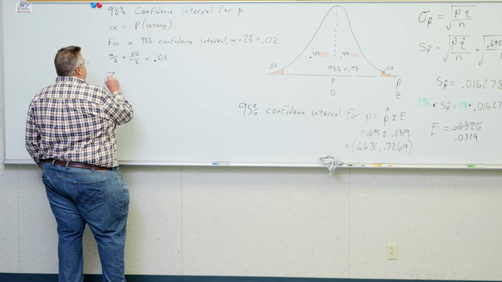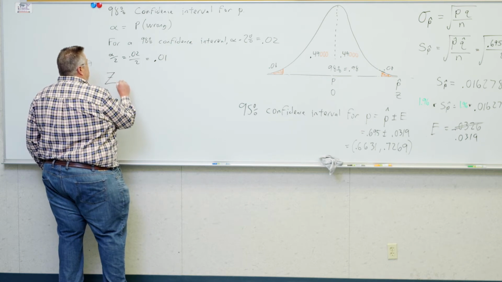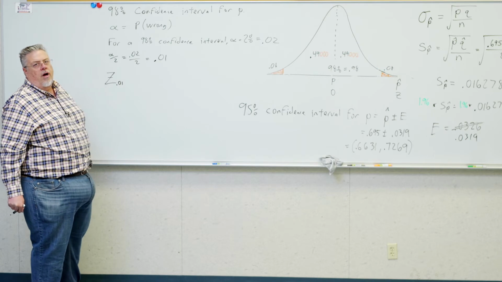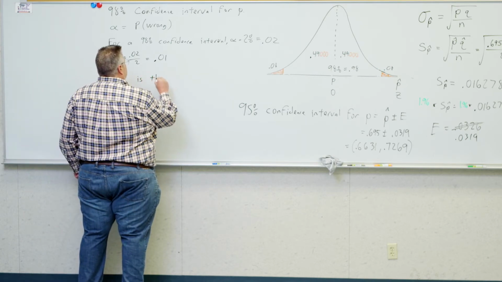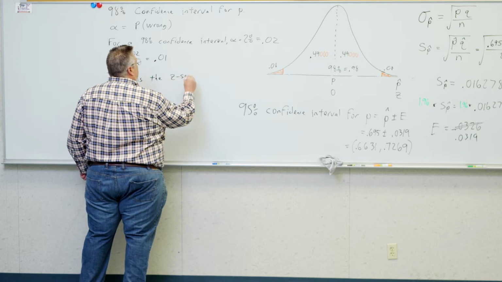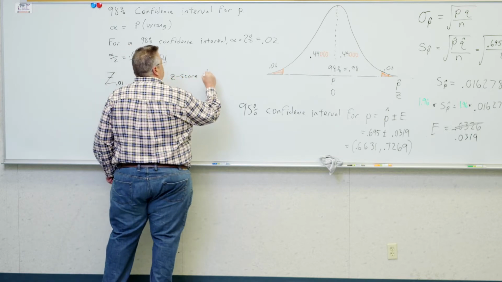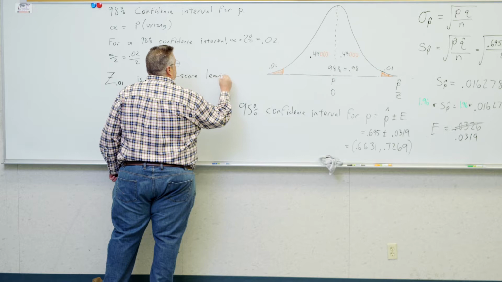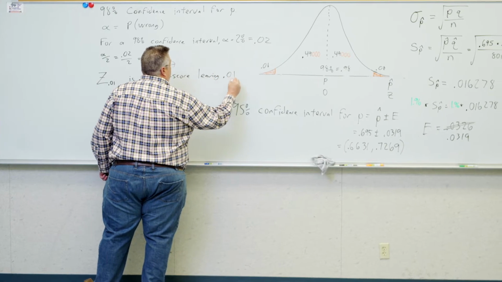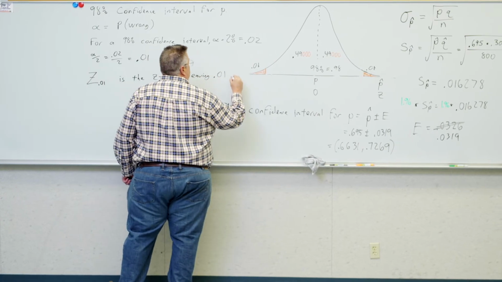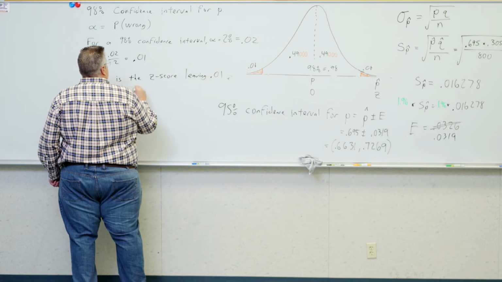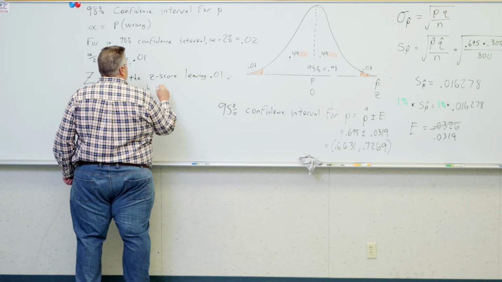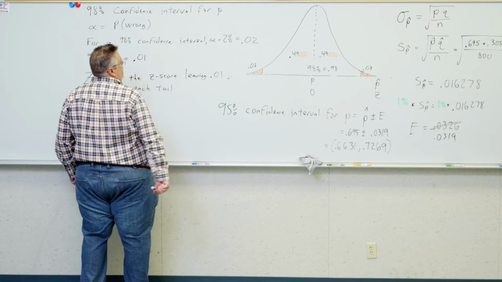Now, some new notation still. Z with the subscript 0.01 is the z-score leaving 0.01 in each tail.